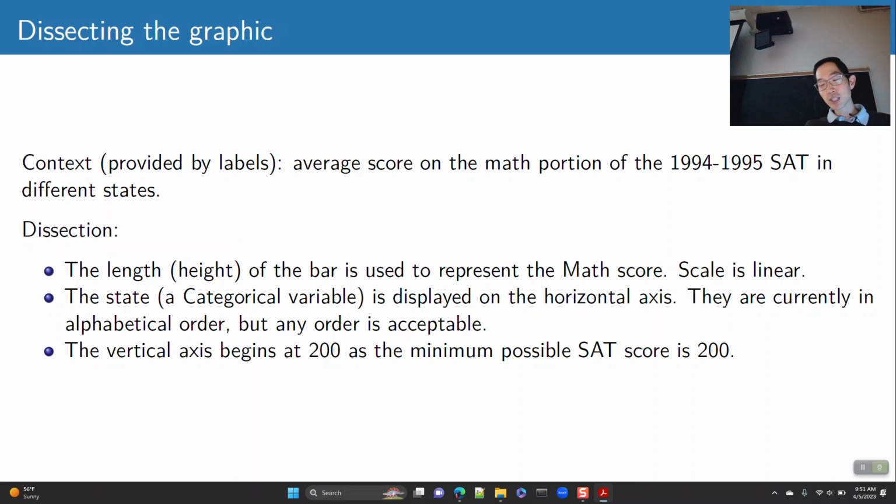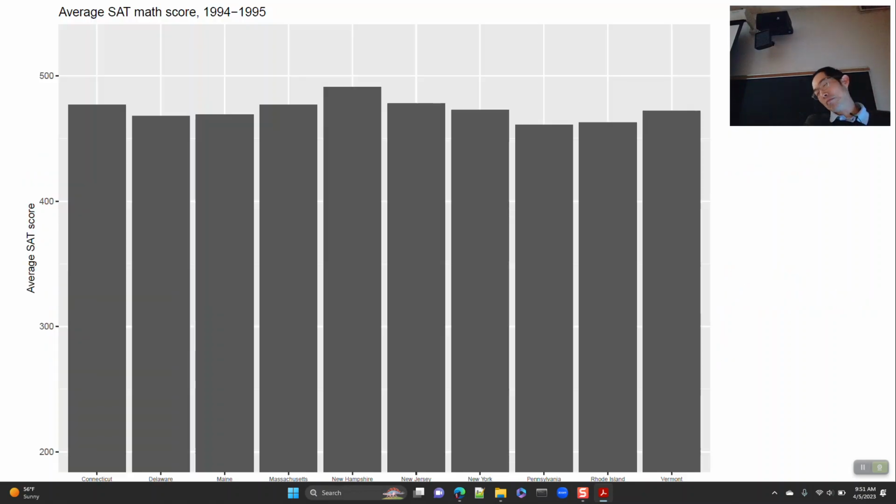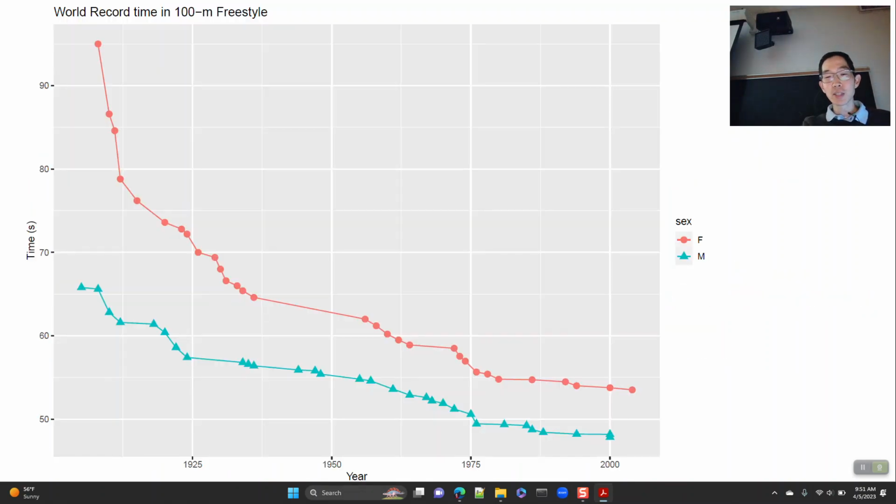So anyway, that's some information we can get out, but I don't know if this is a great graphic. These are other things. Here we differentiate the colors based on the gender. And this is race times, I think, for swimming the 100-meter freestyle, and what's the world record time?